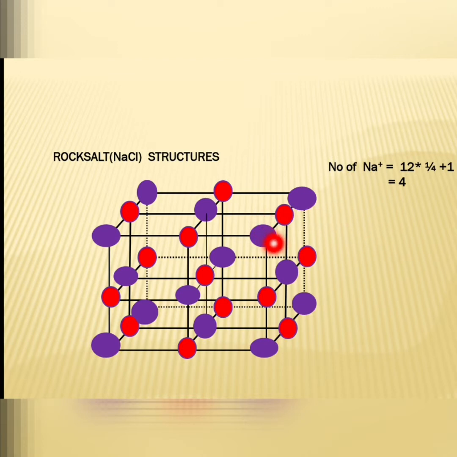Suppose these violet colored ions are the chloride ions, which form the FCC lattice.